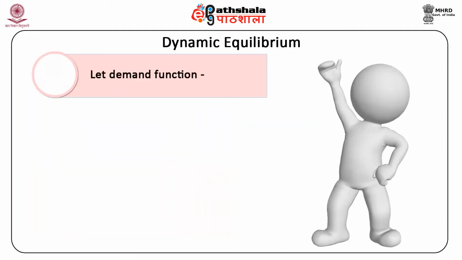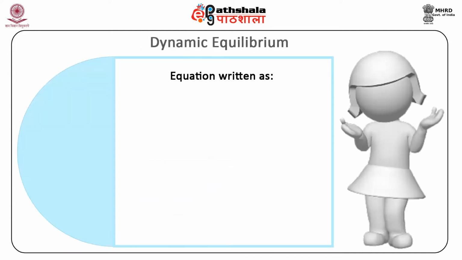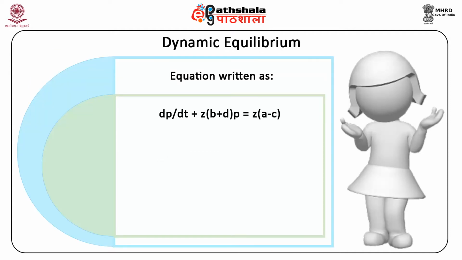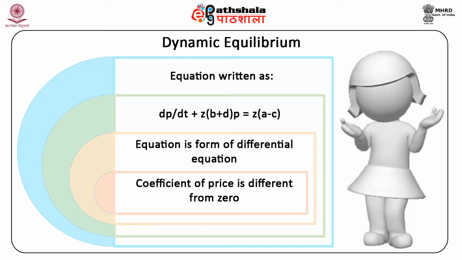Let the demand function be Qd = A - BP, where A and B are greater than 0. The supply function is Qs = C + DP, where C and D are greater than 0. The equation can be written as dP/dt + Z(B + D)P = Z(A - C). This equation is a form of differential equation and the coefficient of price is different from 0.